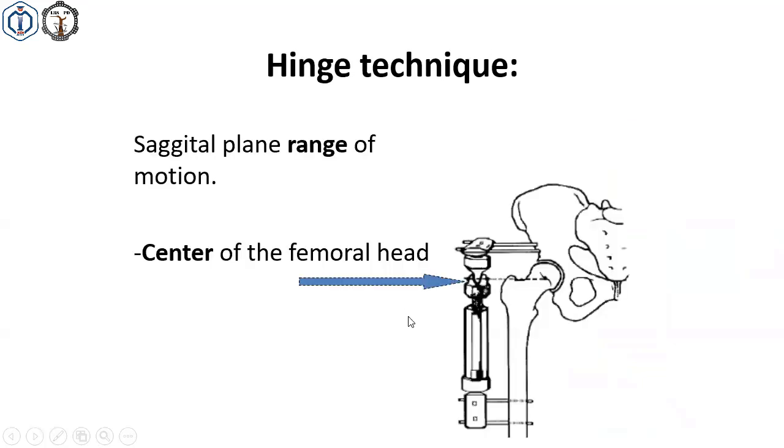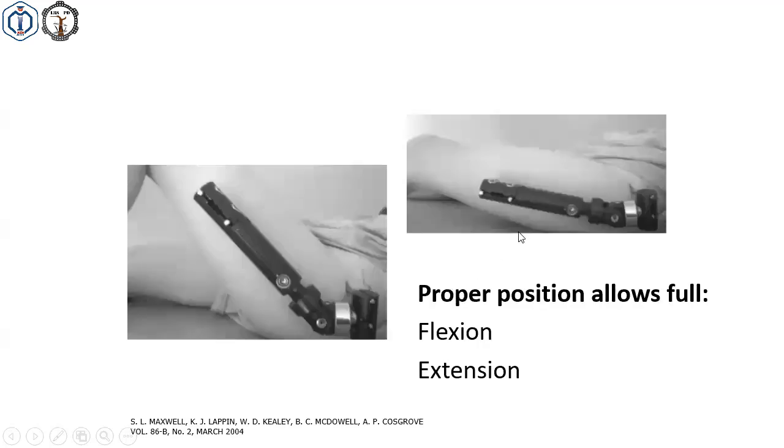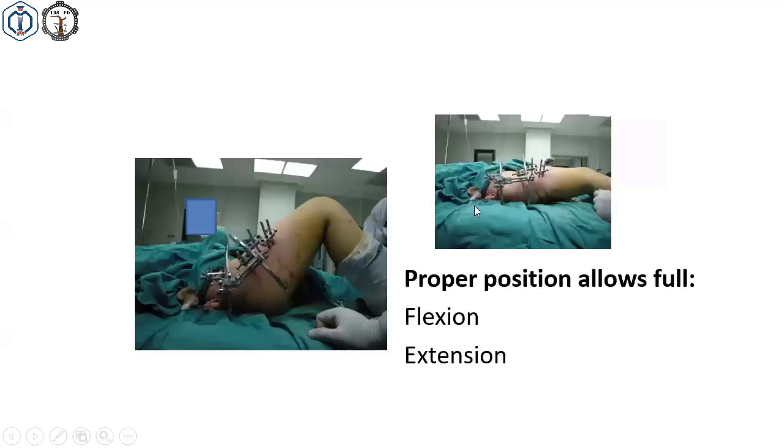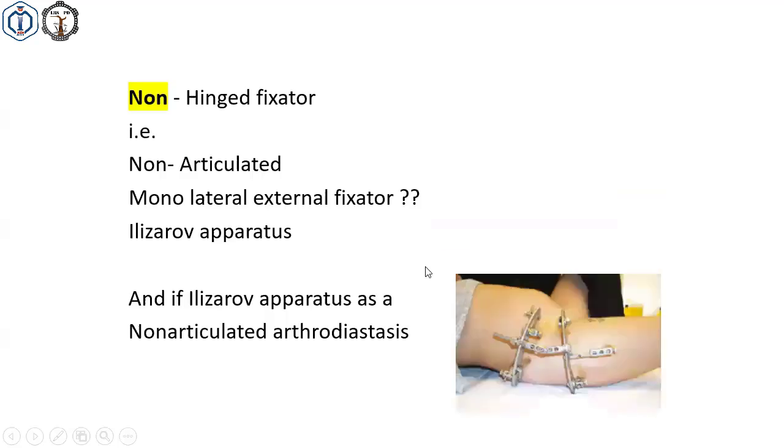Sometimes in using a hinge, we should rely on the center of rotation of the hip being collinear with the hinge placement, either in a monolateral or in such cases, to have free movement, flexion and extension, or even in cases of Elizarov to have flexion or extension movement freely with no obstruction.